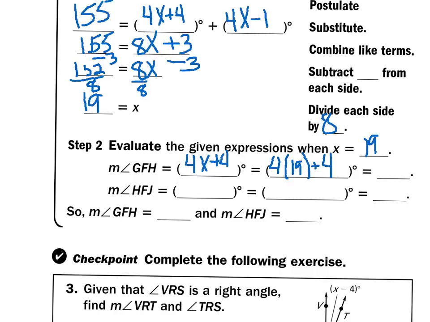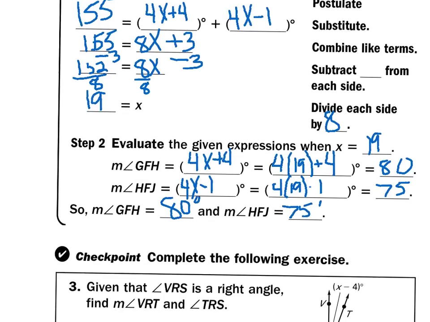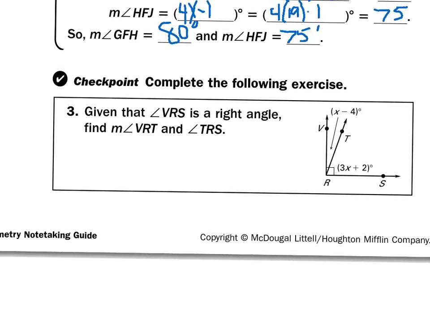And that is going to equal 80. And HFJ was 4x minus 1. So we need 4 times 19 minus 1. And that equals 75. So we have 80 degrees and 75 degrees. Okay, go ahead and do the checkpoint here at the bottom. And start again when you're through.